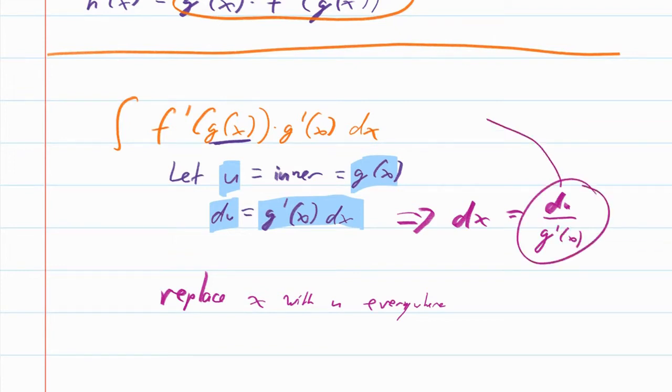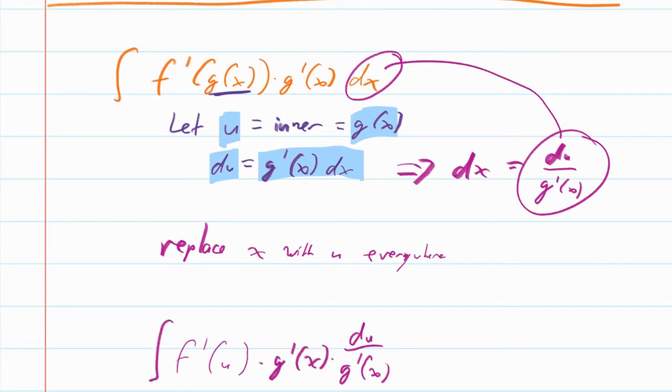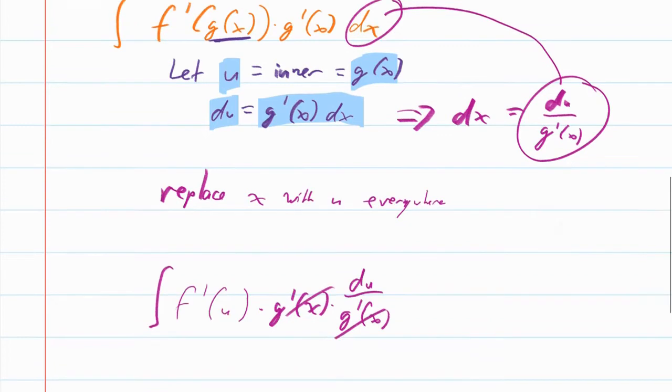So that's going to go right in here. So I get this du over g prime of x. I'm also going to replace this thing here with u. I get f prime of u. And I'm not going to replace g prime of x with anything because, as you can see, that's going to actually cancel with this denominator here.